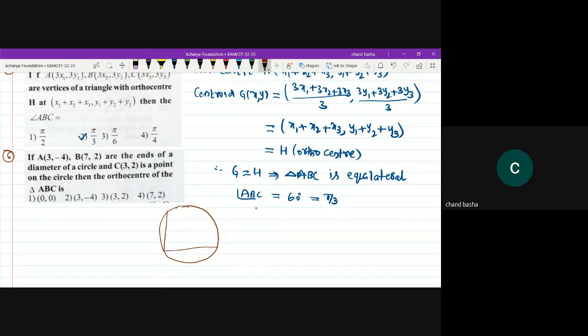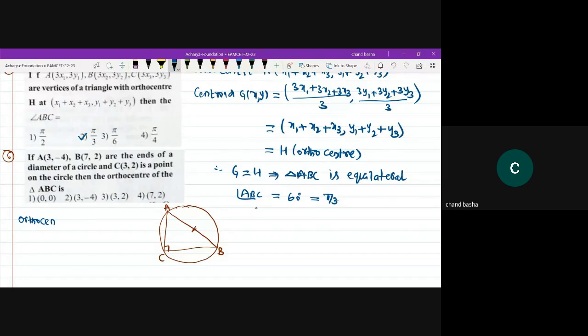Your triangle is a right angled triangle. These are the points given to you. A, B will be the diameter of the circle, and it is C. And as I said, orthocenter is the vertex where it forms the right angle. Circumcenter is the midpoint of the hypotenuse. What is an orthocenter?